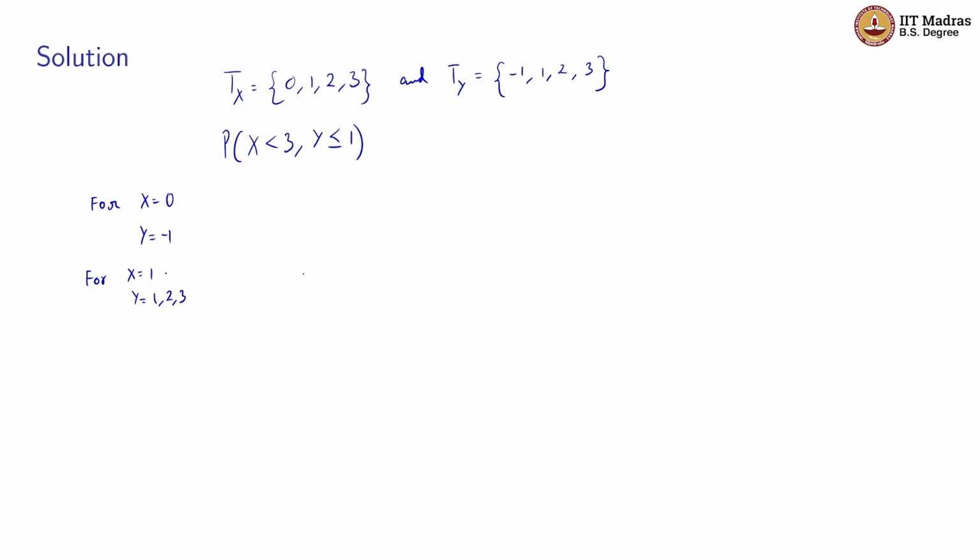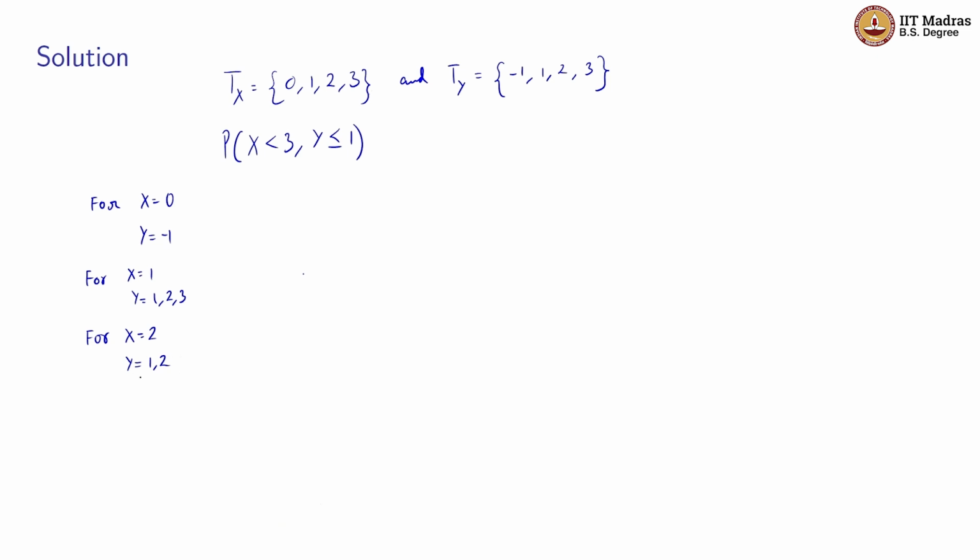X equal to 1 means that we get only one head, and that head can occur on the first, second or third flip. So that's why Y can take 3 values. And for X equal to 2, Y can take 2 values, that is 1 and 2. If we get 2 heads, the first head can occur on the first flip or on the second flip. That's why Y is equal to 1 and 2.